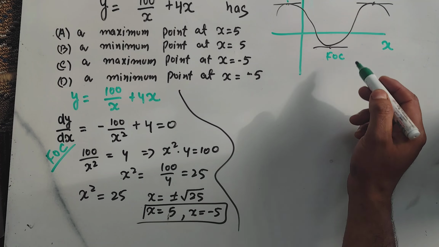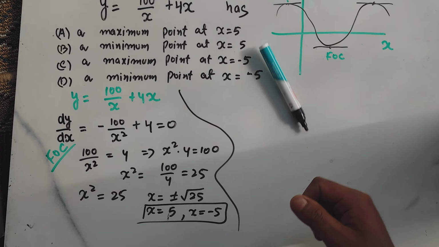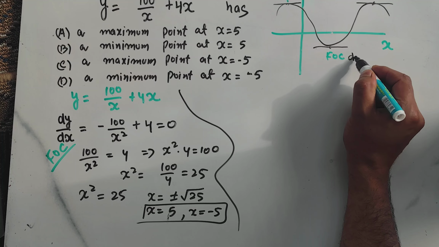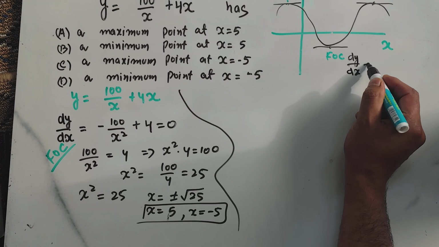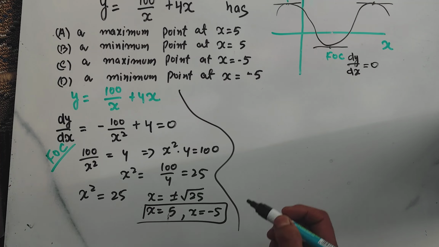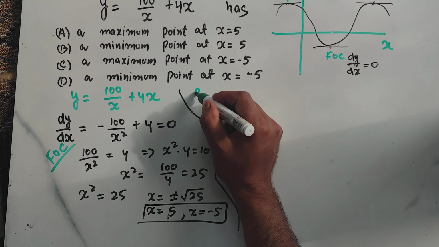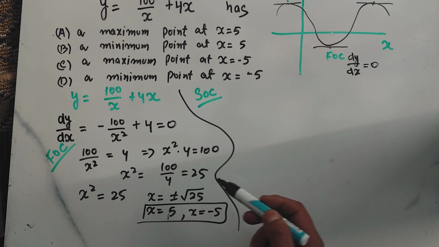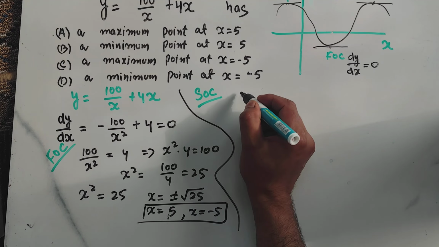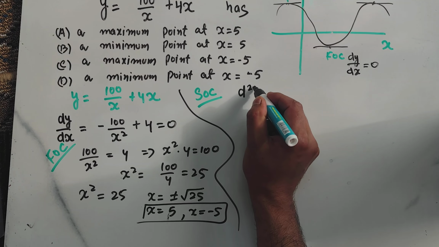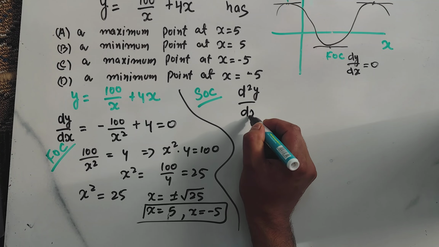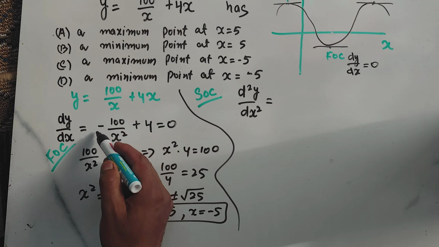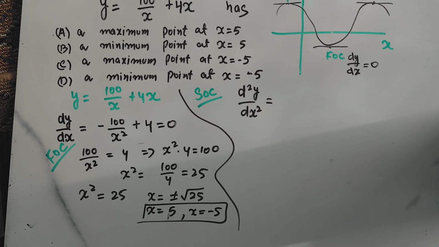Now, to check the second order condition, we take the second derivative. Since this is the first derivative, now let's take the second derivative, d square y upon dx square. So we need to take the derivative of this function with respect to x again to find the second derivative.